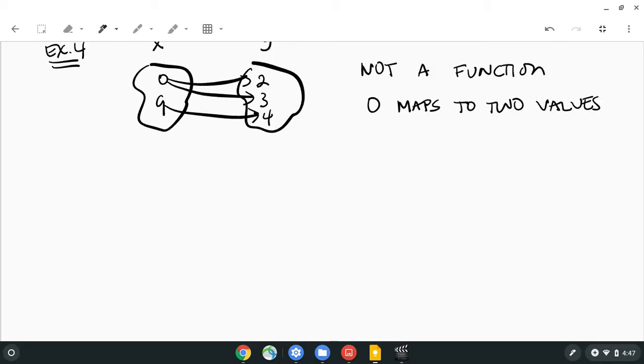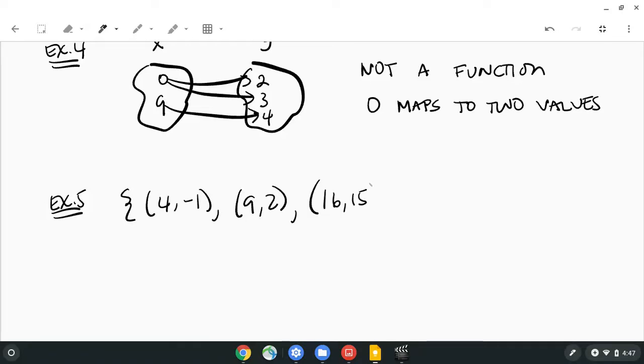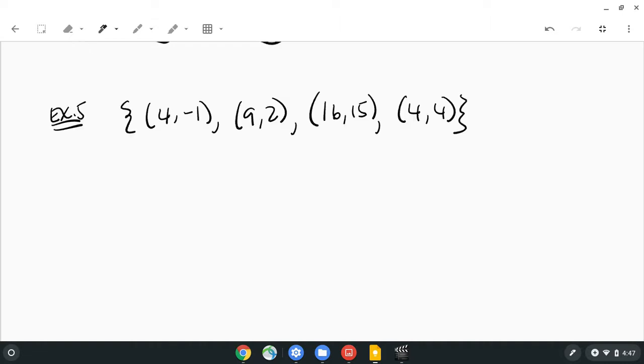Very good. And let's take a look at this one over here. So what about this one? 4, -1, 9, 2, 16, 15, 4, 4. Okay, so is this a function?